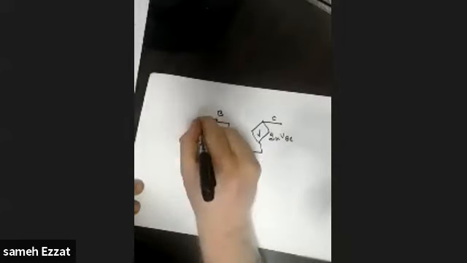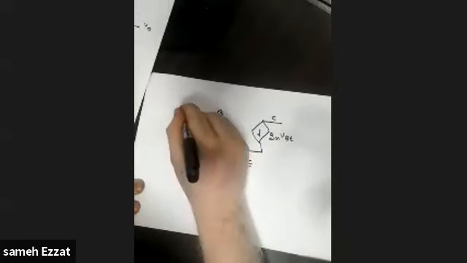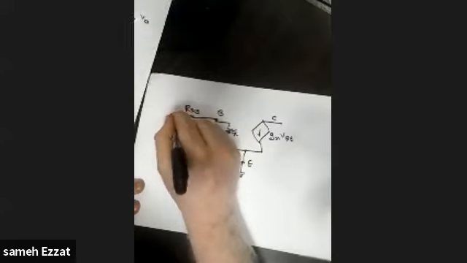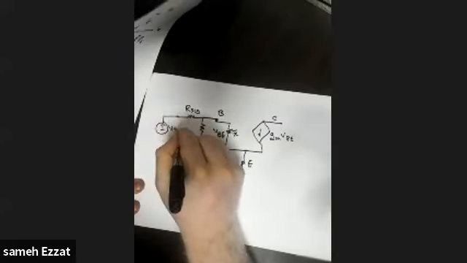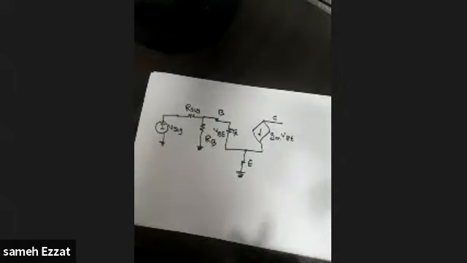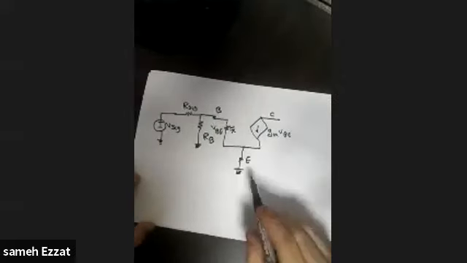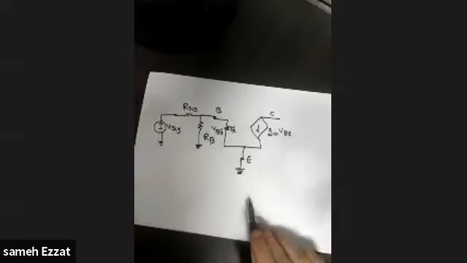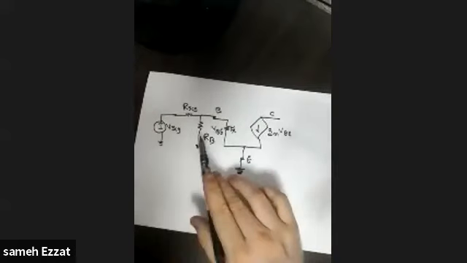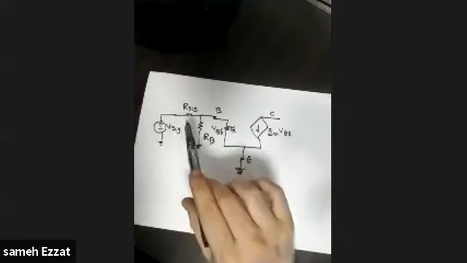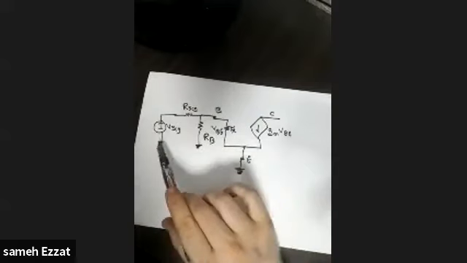So it's R swing, and this is the input, which is V swing. So now this is the circuit. The emitter is connected to the ground. The base is connected to a resistance R capital B, and it's now connected to R swing and then the supply.